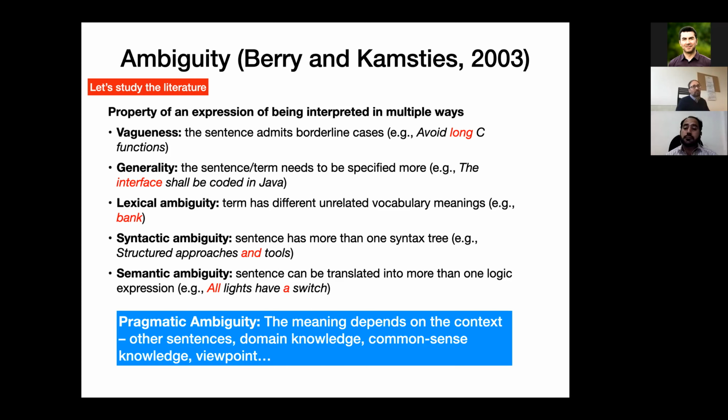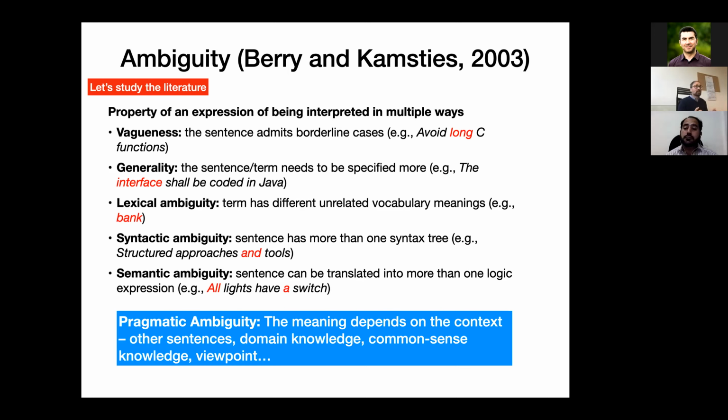This is a reference work from Dan Berry and Kamsties that I recommend you to read. It is actually a handbook, a quite long essay about ambiguity with several examples about requirements engineering, about requirements and also contracts, okay?